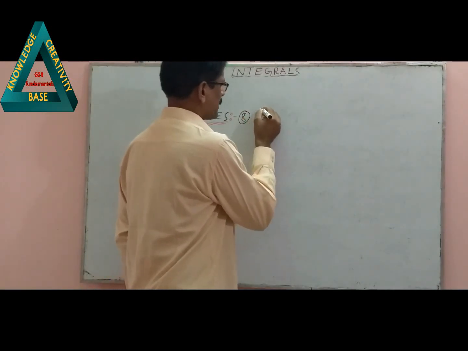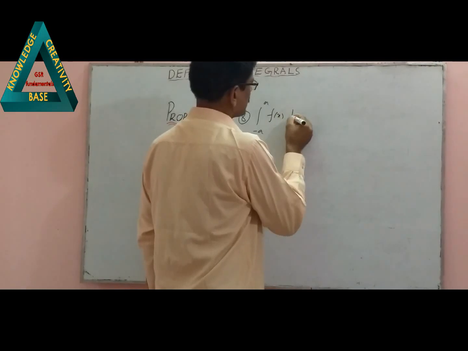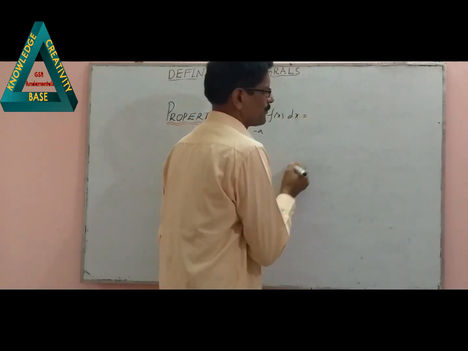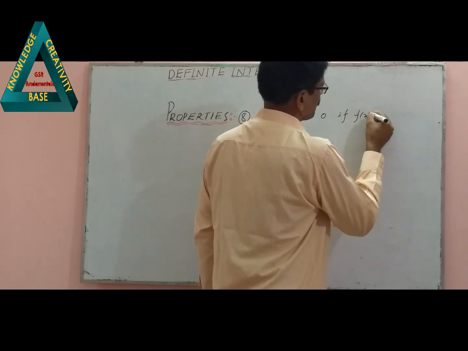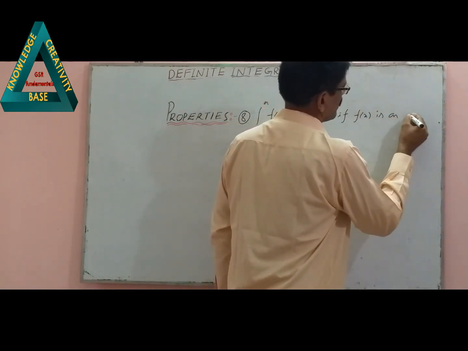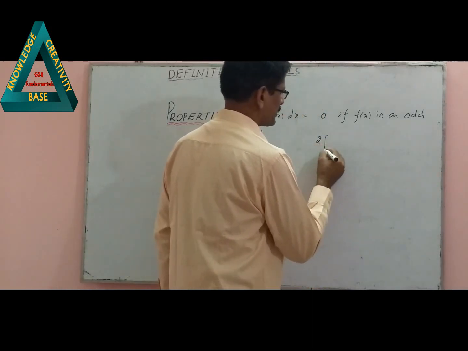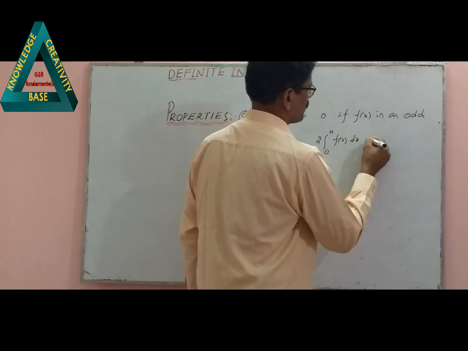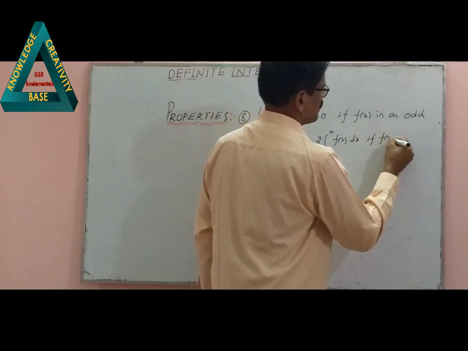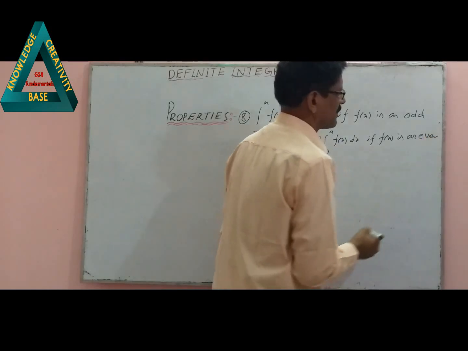The eighth property is: integral from minus a to a of f of x dx is equal to 0 if f of x is an odd function, and is equal to 2 times the integral from 0 to a of f of x dx if f of x is an even function.